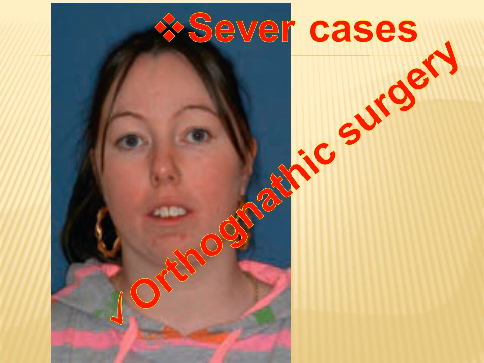The fourth factor, which is most important, is the growth potential of the patient, as well as the growth pattern, whether the patient has a favorable or unfavorable growth pattern. So the general protocol that should be followed for the treatment of class 2 division 1, according to these aforementioned factors, is the following.